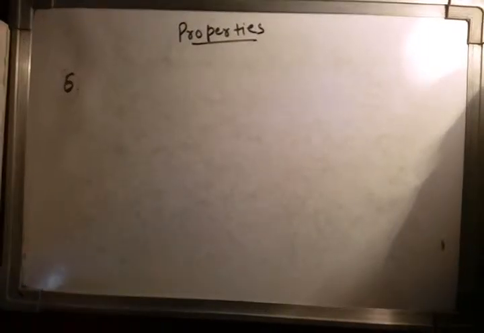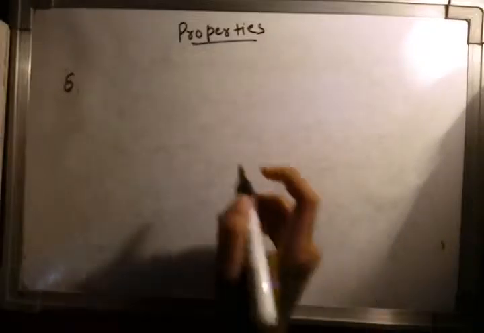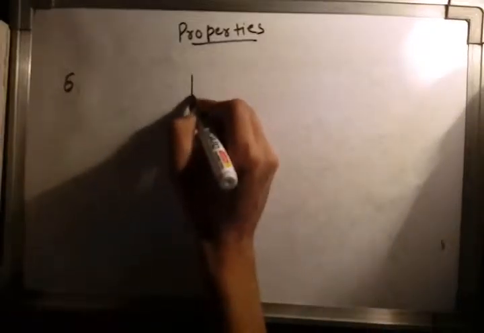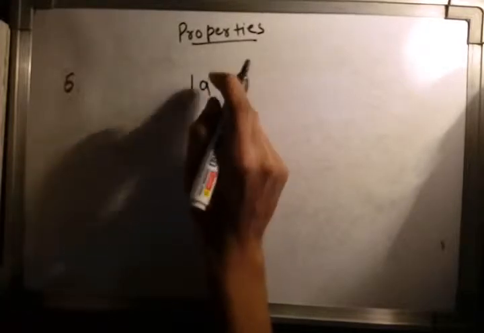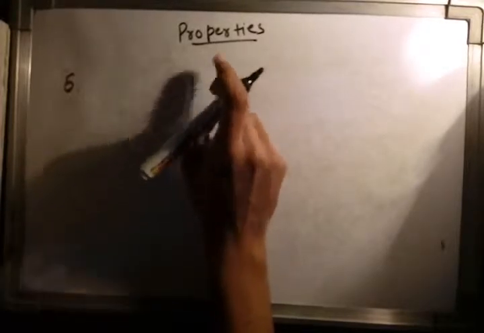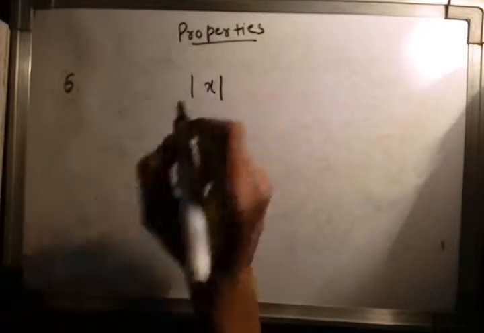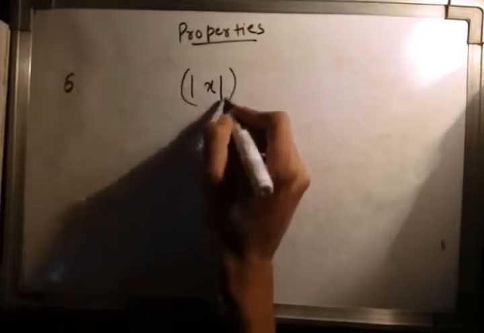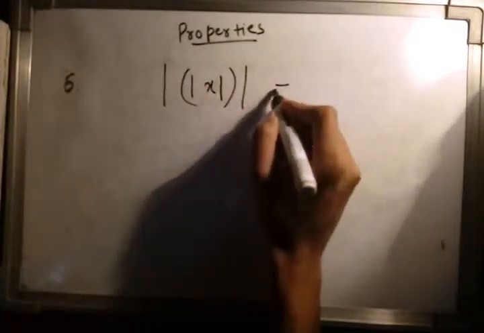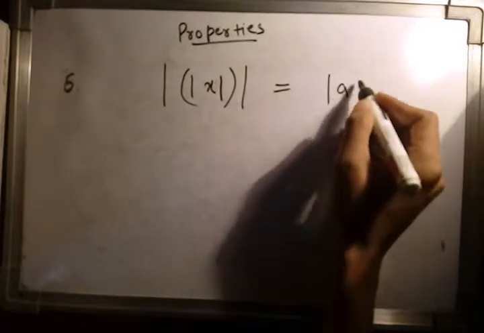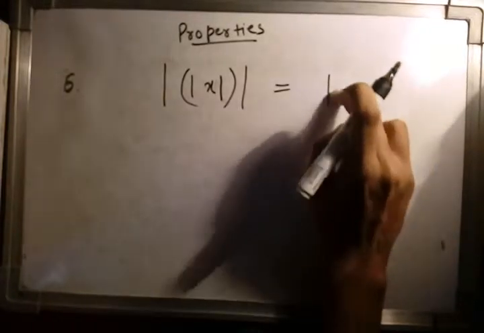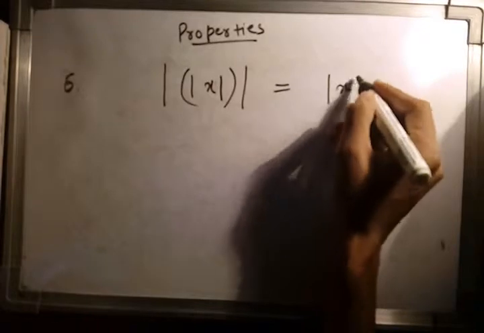Sixth property is modulus of a modulus of a number. Let's take it like this, and let's take the modulus again, and it is equal to the first modulus of the number.